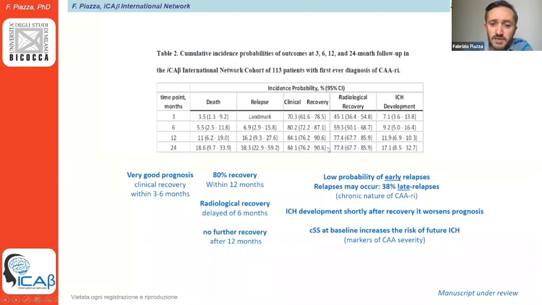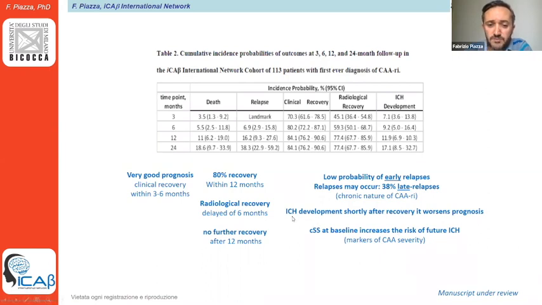But another important finding is that if you don't reach any clinical or radiological recovery within 24 months, it is unlikely that you will recover afterwards. Another important finding is that relapse can occur. The probability of early relapse is quite low, but late relapses can occur in 38% of patients, which is quite similar to the 35% rate of ARIA relapse reported in clinical trials.